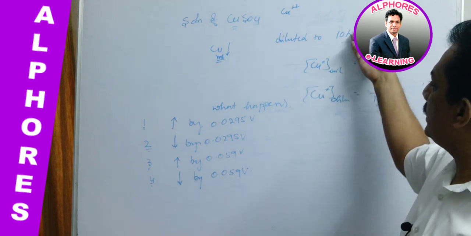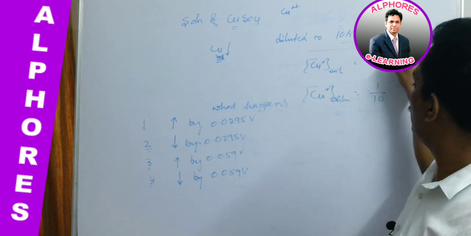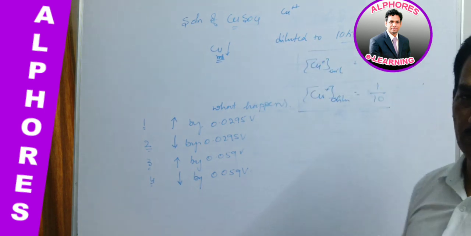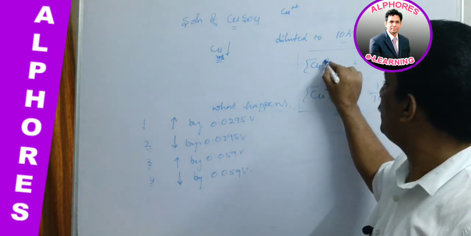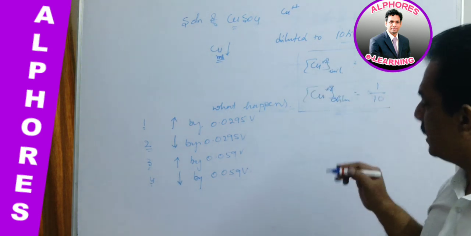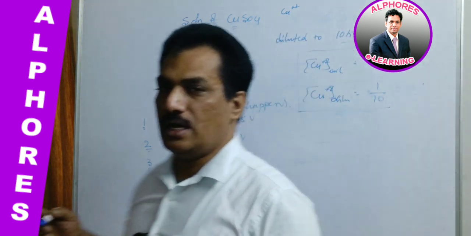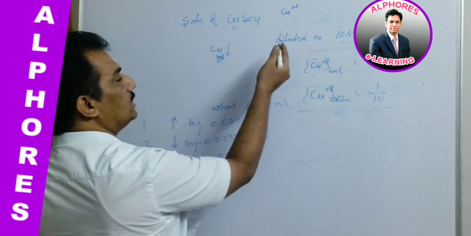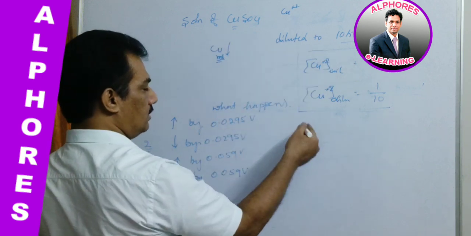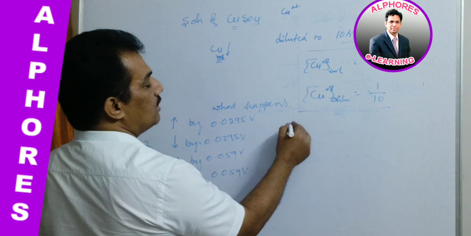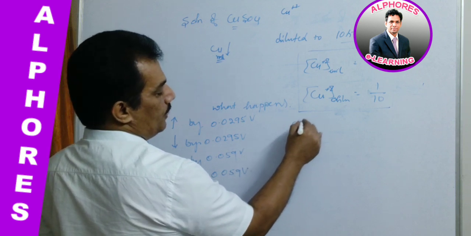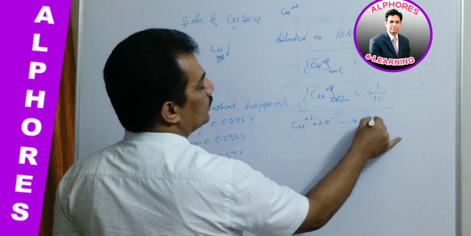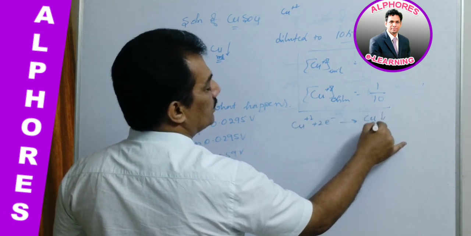And when diluted 10 times, we already assumed that the concentration will change like this for Cu+2. And when Cu+2 concentration changes like this, now how to apply this Nernst equation? For this one, the half electrode reaction is Cu+2 taking 2 electrons getting into Cu. It is nothing but solid.